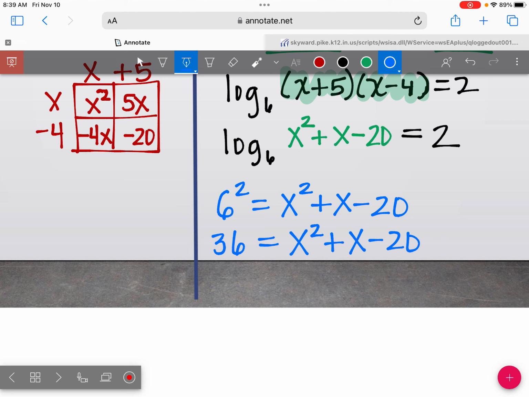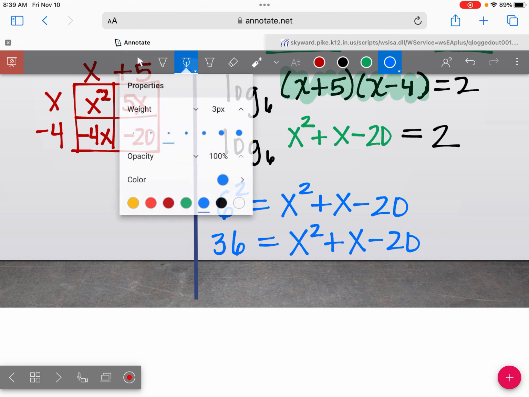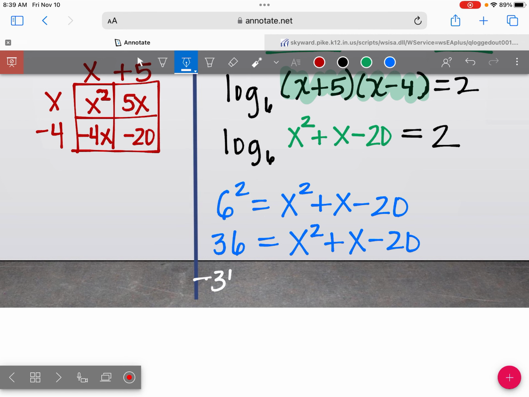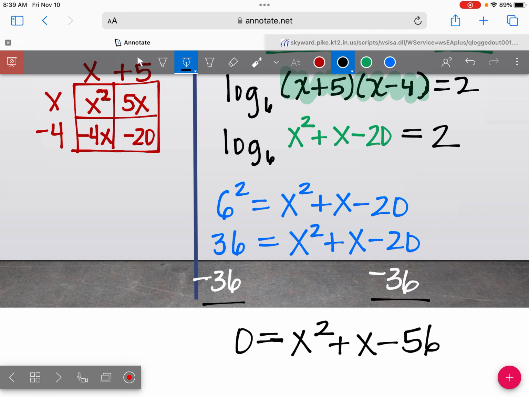I'm going to subtract 36 from the negative 20. So 0 equals x squared plus x minus 56. All right, go ahead, factor that down. Factor and solve it.